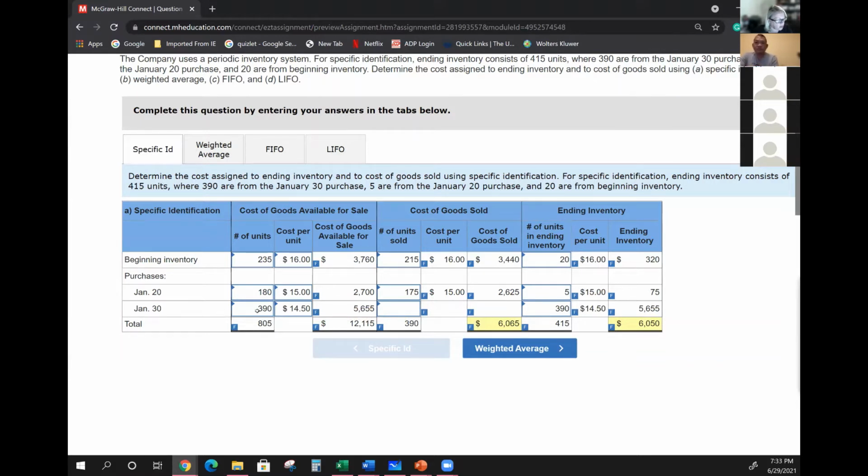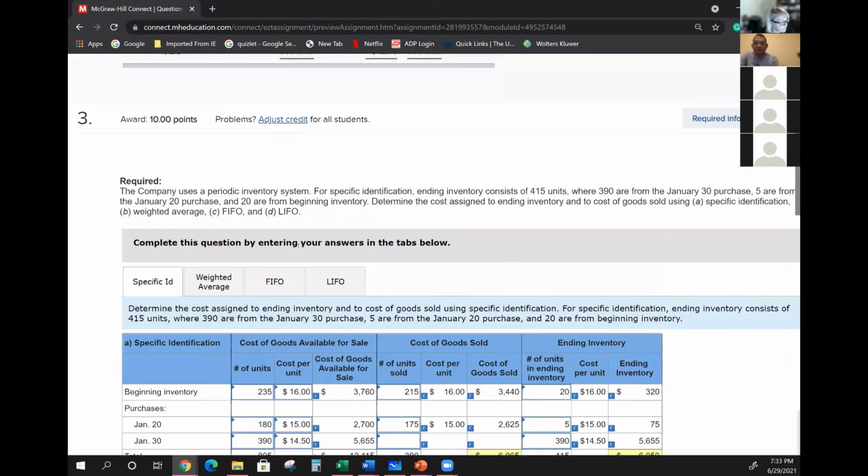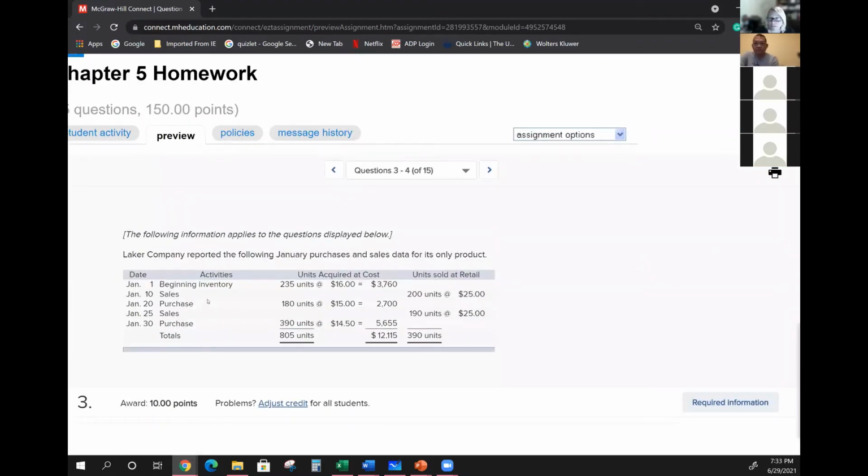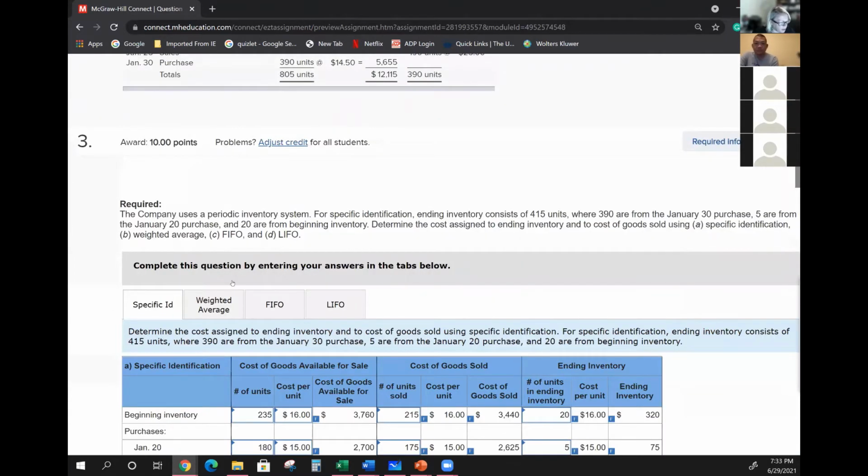And then my 390 batch: it tells me 390 were from the January purchase, so all of them are still left. I didn't sell any of those. That makes sense because there were no sales on that same day. We can't sell it if we never had it.